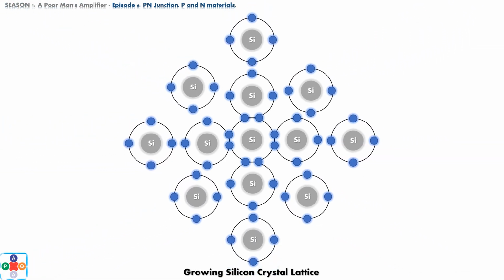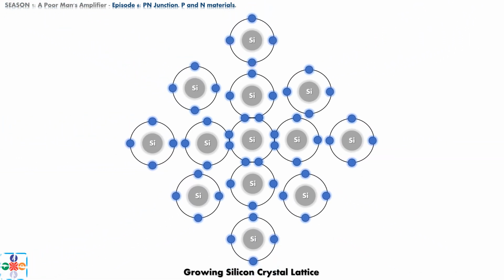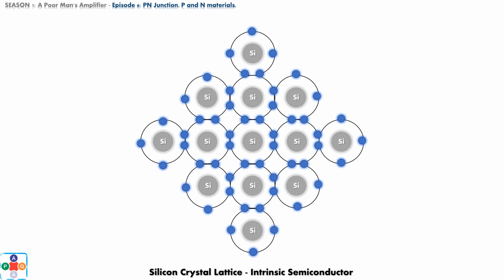If we continue to grow our silicon lattice by adding 8 more silicon atoms, those additional 8 silicon atoms will now create covalent bonds with the previous 4 surrounding atoms. Now, we can continue to grow our silicon crystal lattice, but suffice to say that those previous 4 atoms, that were first surrounding the original atom, themselves now have a full outer shell, filled with 8 electrons, and are in their most stable condition.